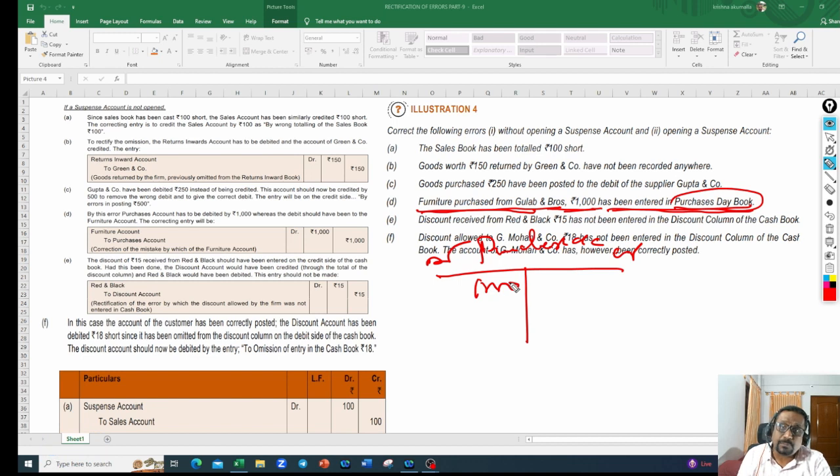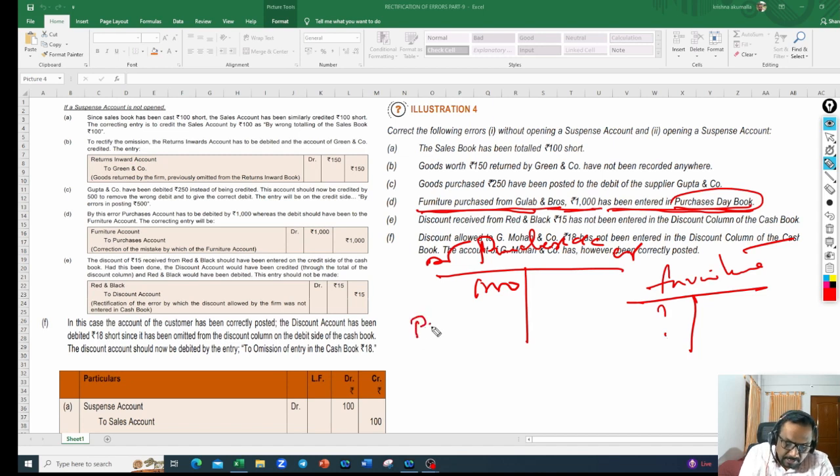But which account is supposed to be debited? Furniture account is supposed to be debited. Is the furniture account debited? No. So what is the wrong entry they posted? The wrong entry is they debited purchase account and credited the supplier account, Gulab and Brothers. Let me put it properly.